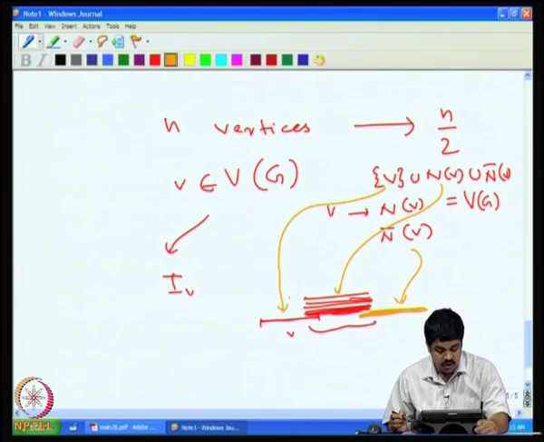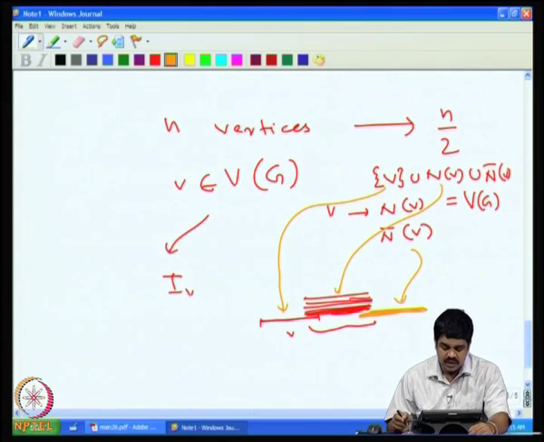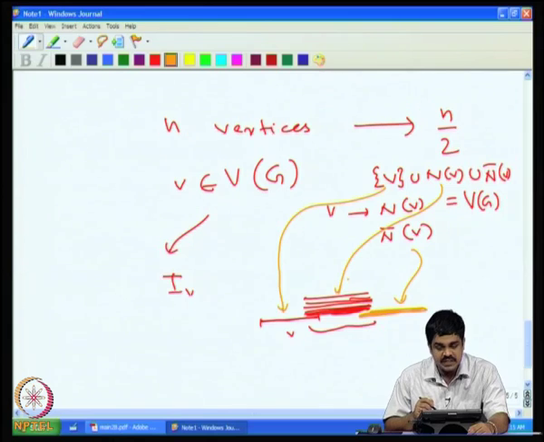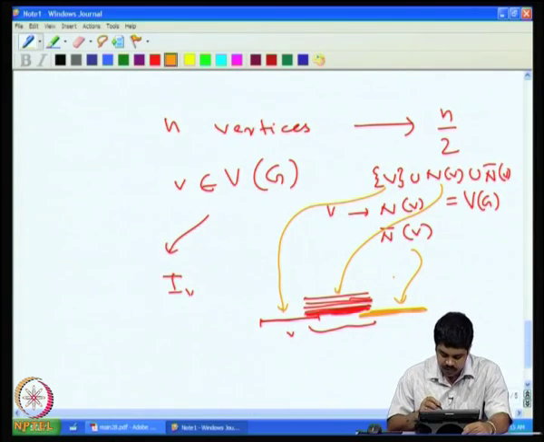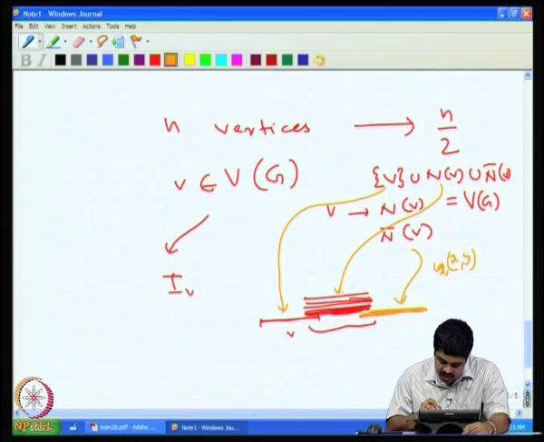This is now an interval graph, and you can easily check that it is an interval supergraph of G. Why? Because if you take any edge xy in G, if both x and y are in the neighborhood of v, then they are intersecting here.